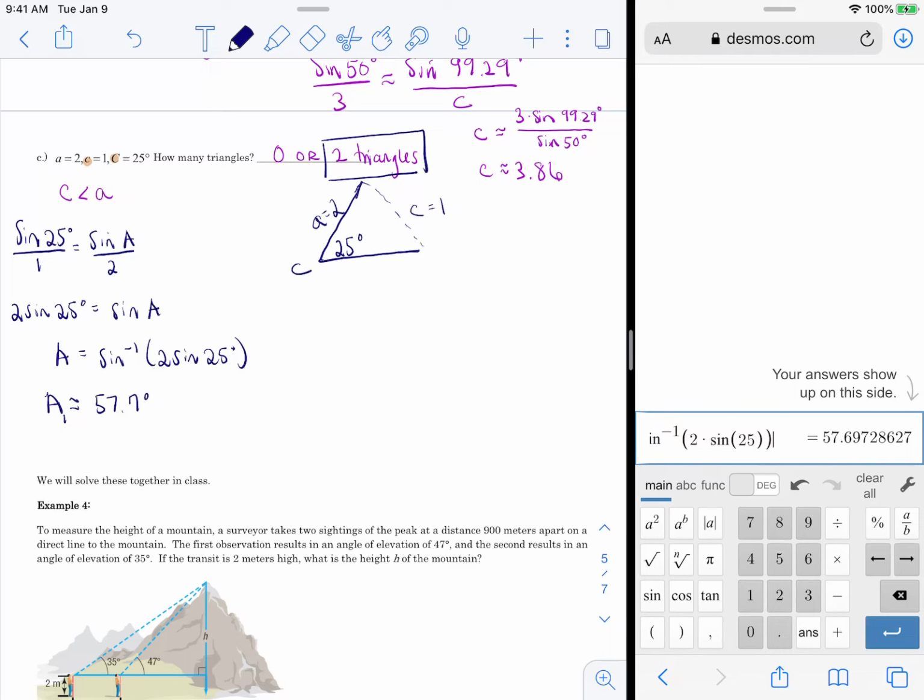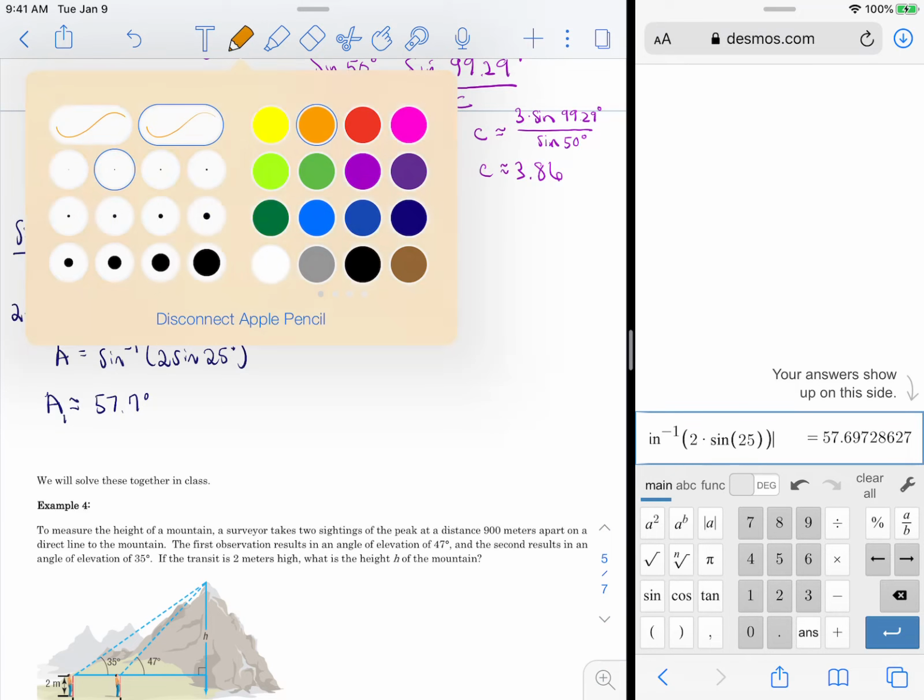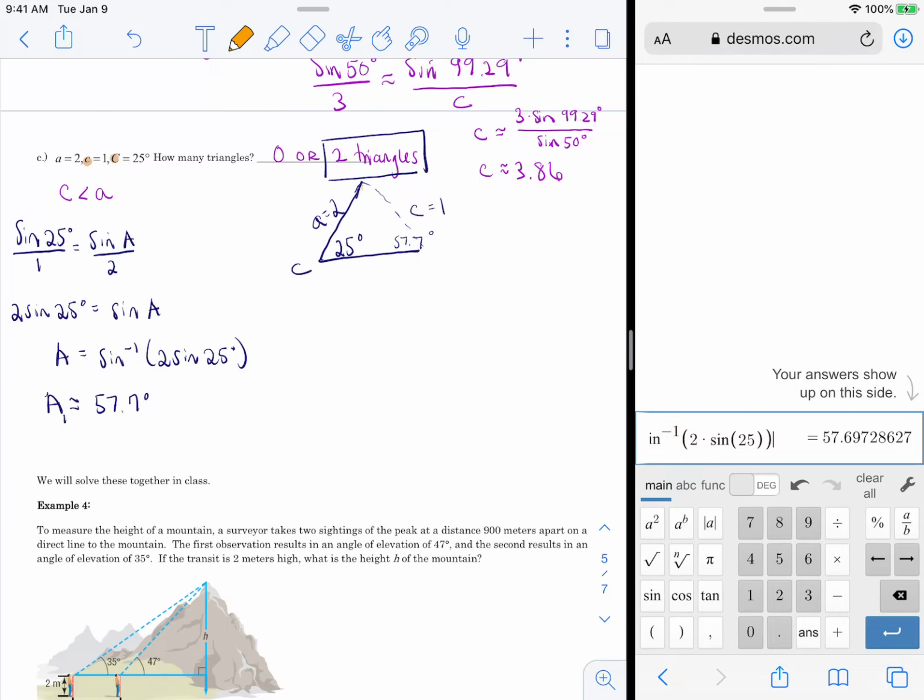So what you found out is that the side is either going to close here and create this 57.7 degree angle, or, give myself another color, I'm going to swing that gate in, and I'm going to get rid of this 25 just so I can see things. I'm going to swing that 1 in, and it can create this triangle.